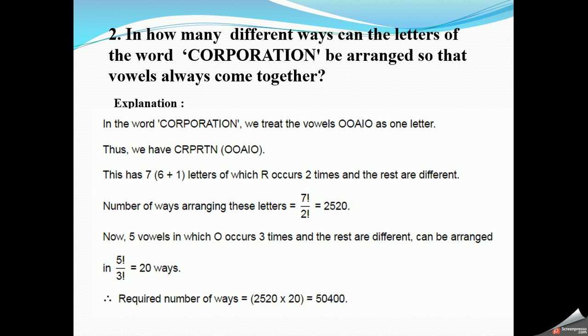When we solve it, 7 multiplied by 6 multiplied by 5 multiplied by 4 multiplied by 3 multiplied by 2 into 1, divided by 2 into 1, you get the answer 2520.